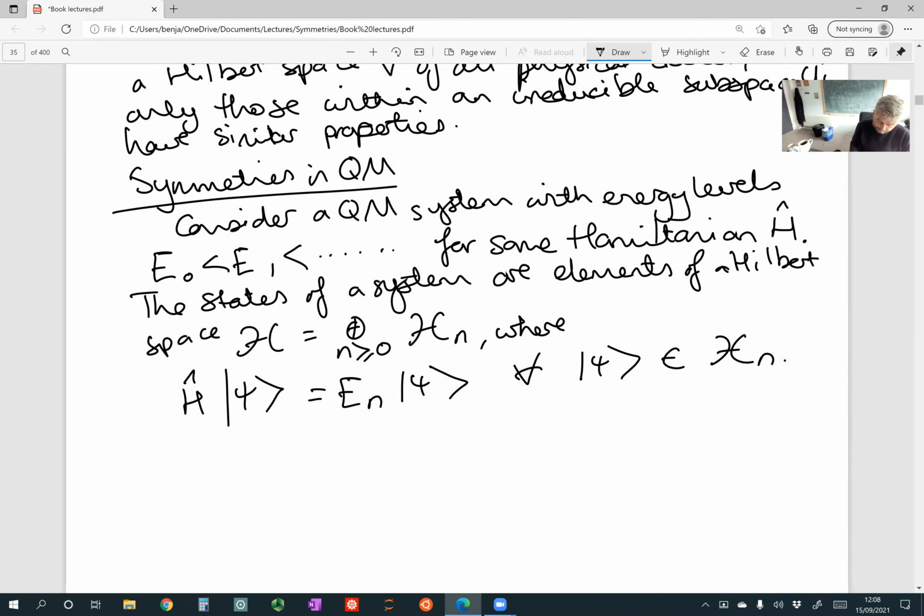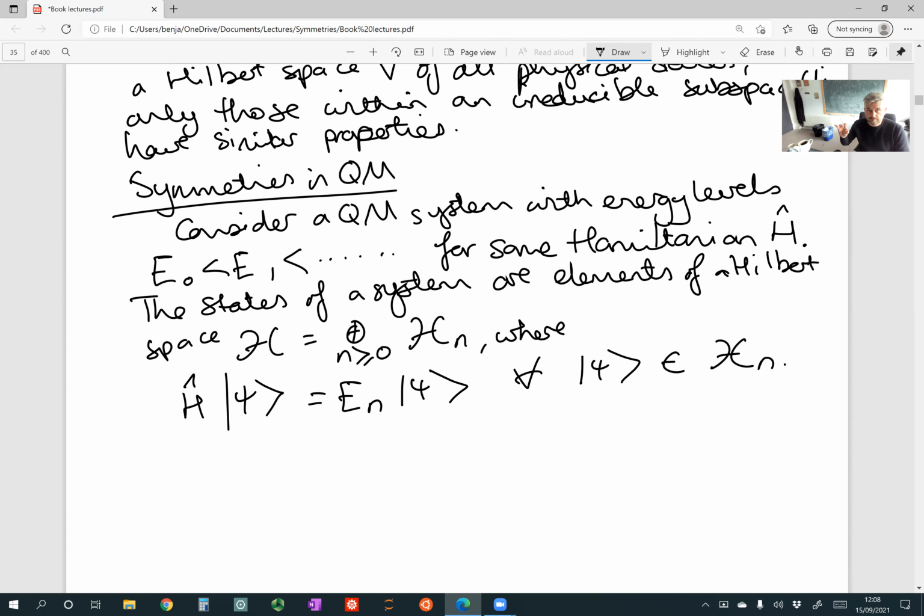Okay. So each energy level has its own Hilbert space, and the direct sum of them all gives you the total Hilbert space of physical states.